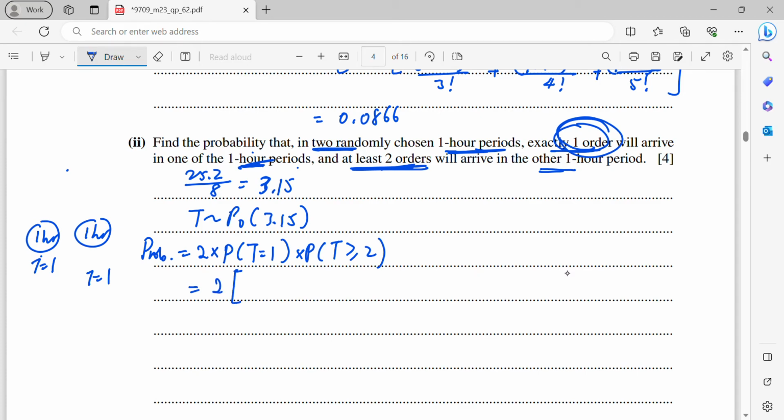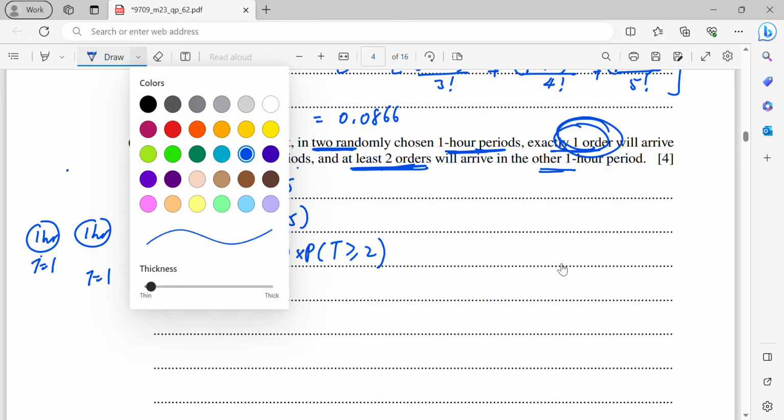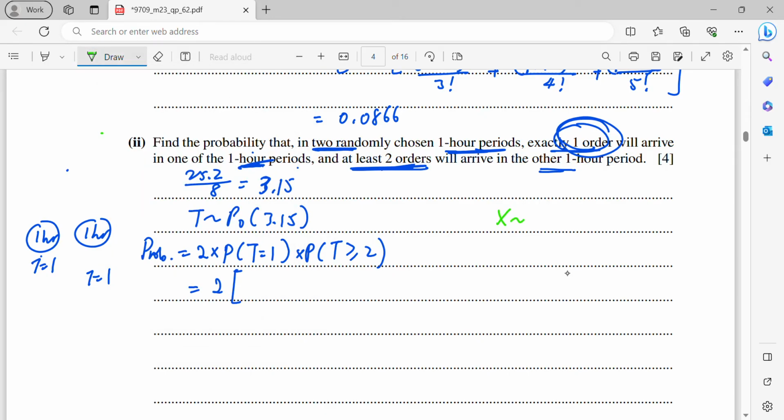So again, this is the Poisson. Just now I have shown you the Poisson(λ) formula, P(X=x) is e^(-λ) λ^x over x factorial. Now I will factorize the e^(-3.15), or I can just write down first, I don't want to factorize. Because it's only one term, T equals 1, I will get 3.15 to the power 1 over 1 factorial. I will just leave it in this form.